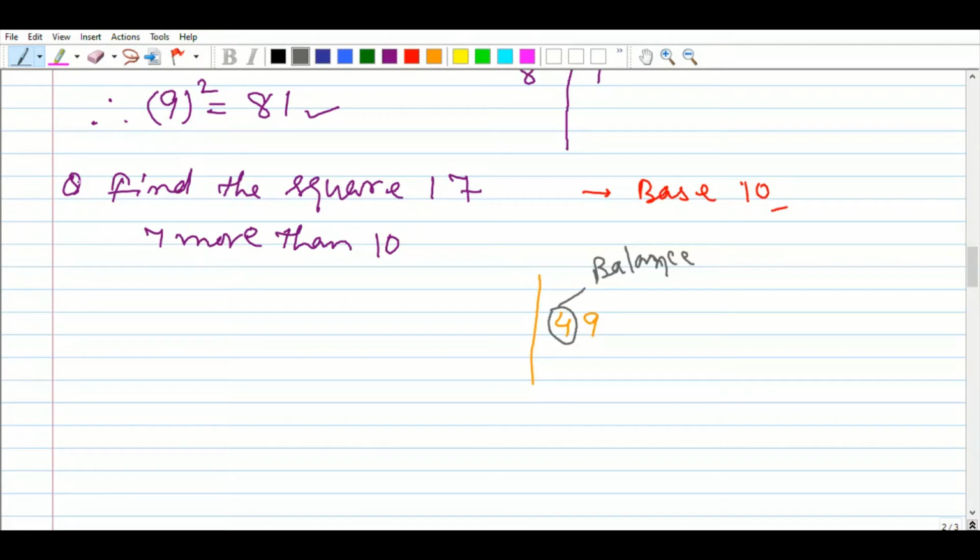Can you tell me? No, sir. This 7 is a surplus, so we have written 49. And we have taken 10 as a base. Very good, sir.